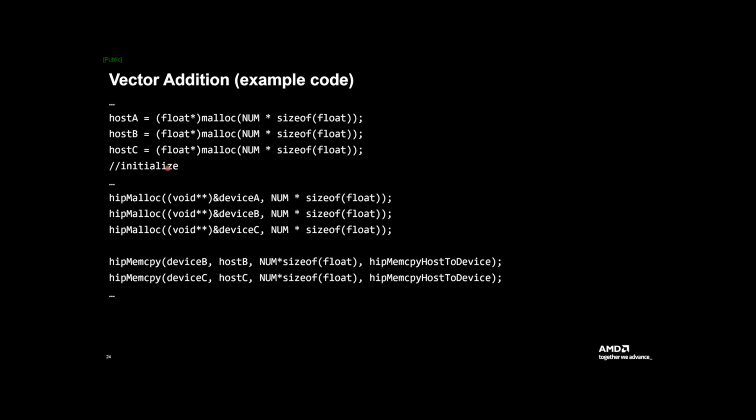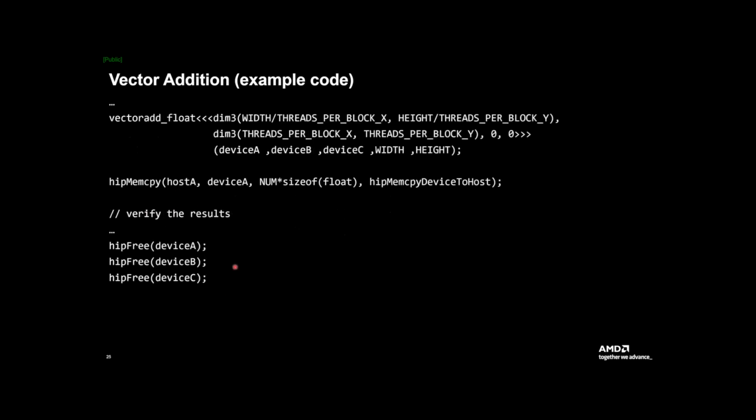We initialize them, and we do malloc on the device, and then copy from the host to the device the B and C, because this is a vector addition. Then we have to call a kernel, and we'll play here again with the problem size and the threads per block, as you see here.